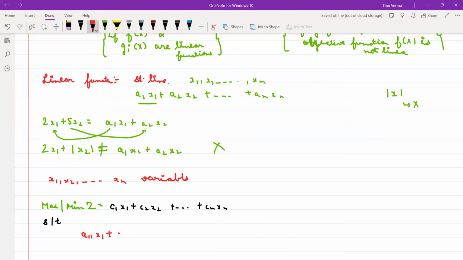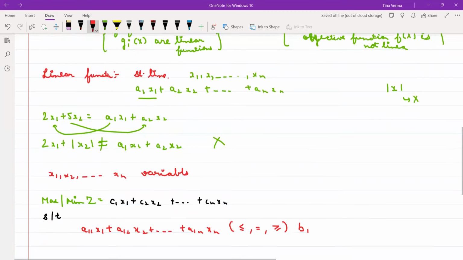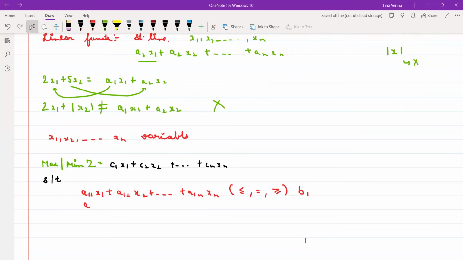a11 x1 and so on, if I am taking n variables, the inequality can be less than, equal, or greater than, so you will have a right hand side. The second constraint you can write as a21 x1 and so on.